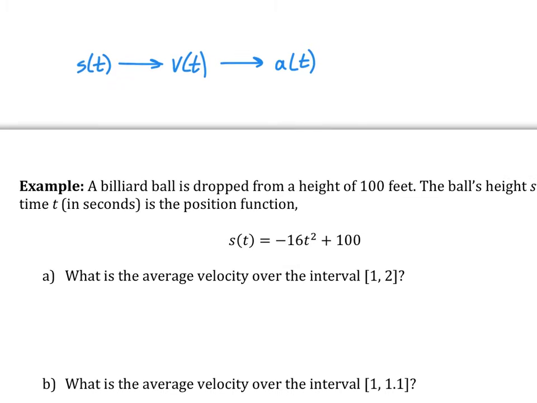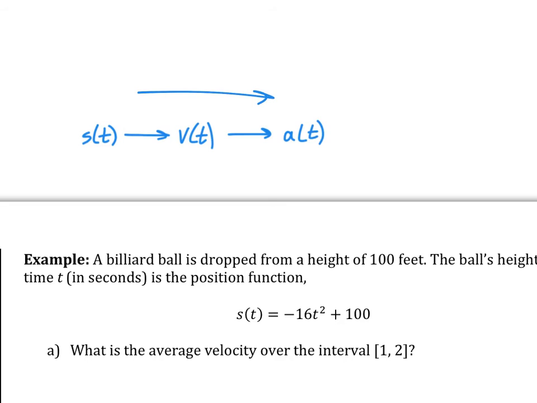Write it like this. This is derivative. So this is very important. This is probably guaranteed on the test. Position, velocity, acceleration.